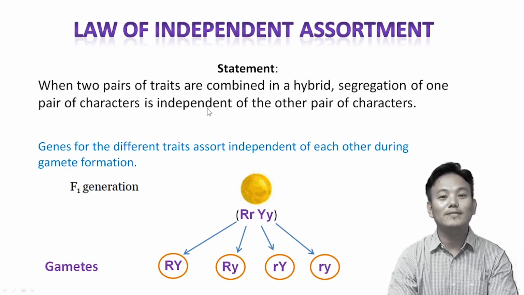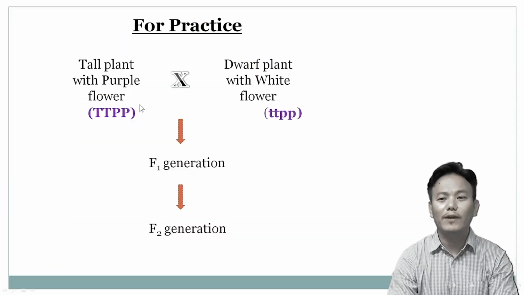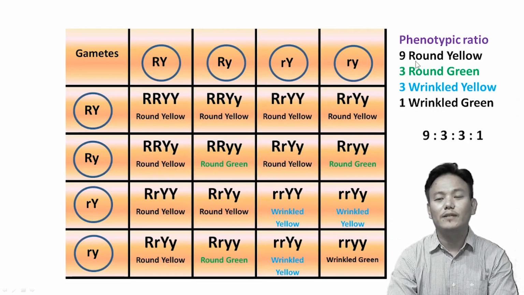It is not necessary that the round seed shape should always come along with yellow seed color. If we go back, we can see over here that the round seed shape can come along with green seed color as well.